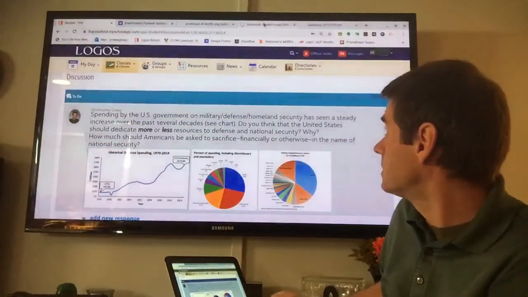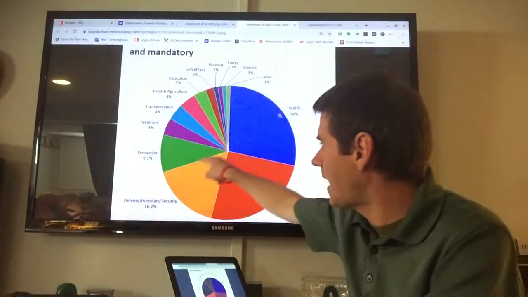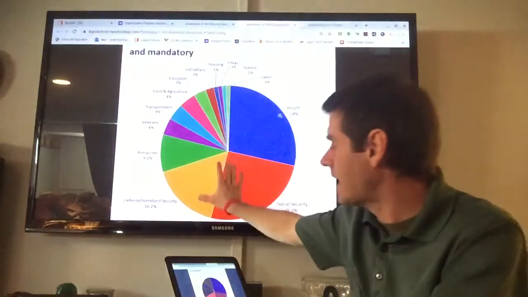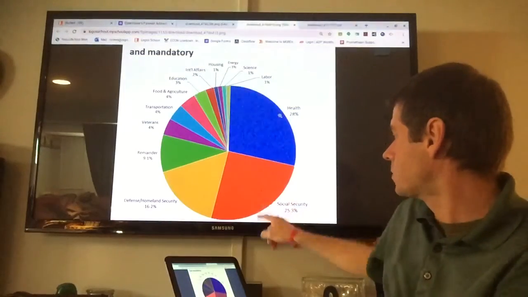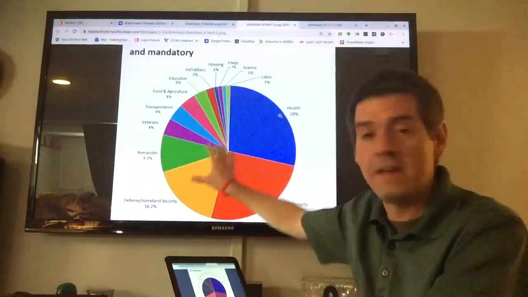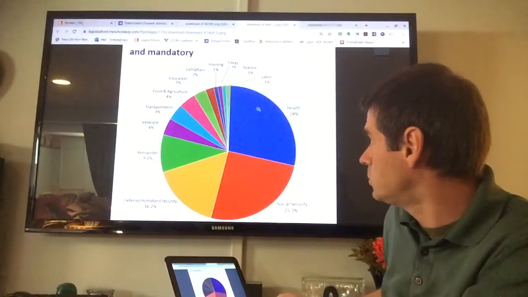Open this image. We see that defense, homeland security, this orange piece of the pie, that is, of all the money that the government spends, that's how much they spend on defense and homeland security. The bigger pieces of the pie, health, social security, are the two biggest ones, but this accounts for what? About a fifth of the entire budget is on military spending? Is that enough? Is that too much?